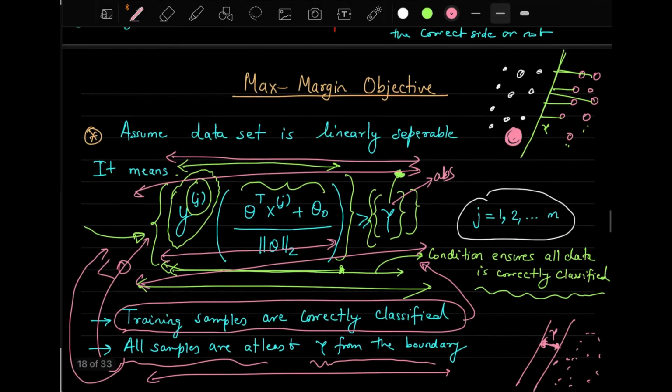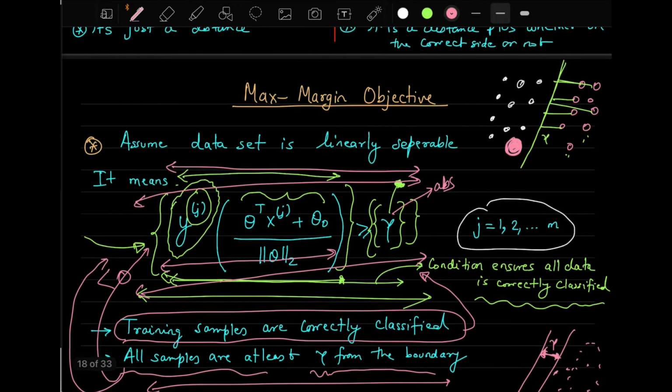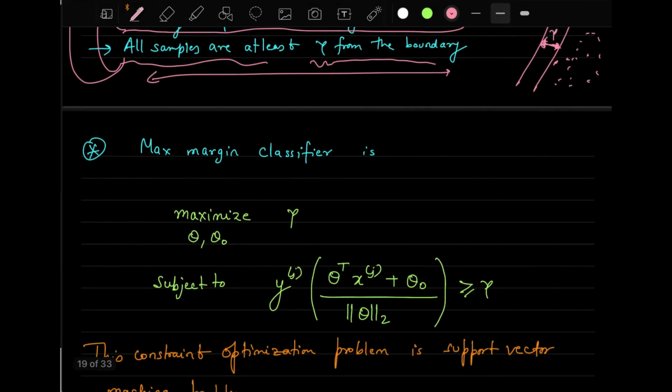So now the story comes. This is basically the condition that we are imposing. Now the main thing comes. What we want is to maximize the margin, which is the ultimate goal of the support vector machine. So we are maximizing gamma.